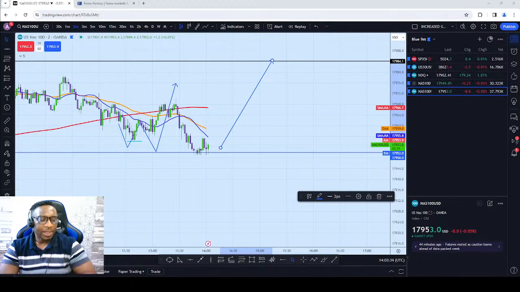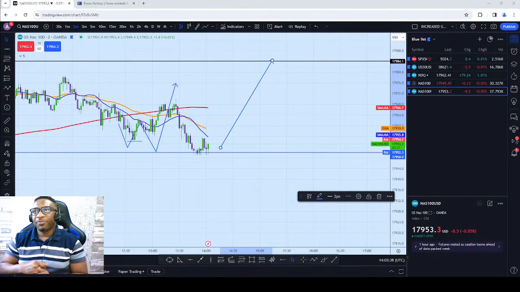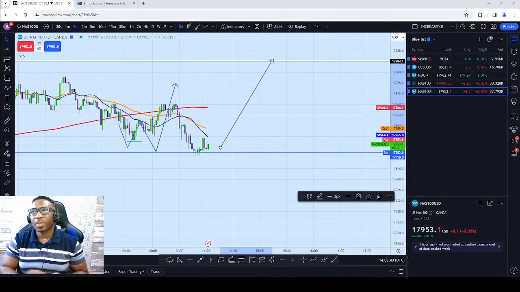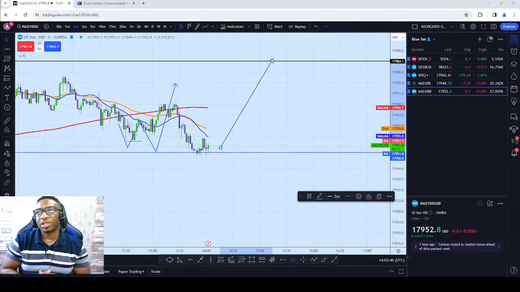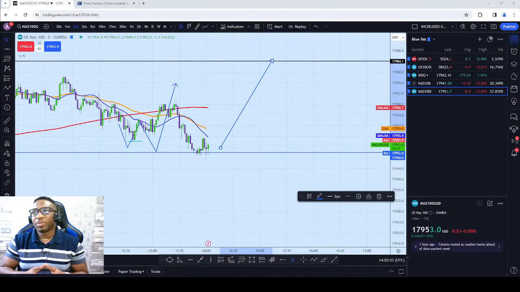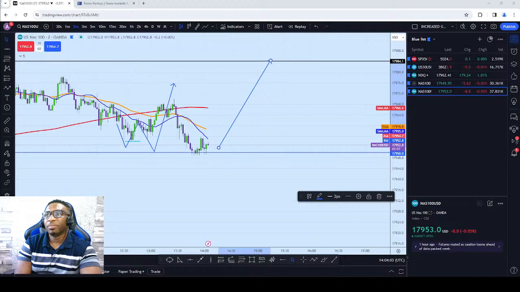But again and again, all we have to do is keep following the process. As I've said again and again, if you take 10 trades, at least 7 or 8 will be correct and the remaining 3 will be drawdowns.